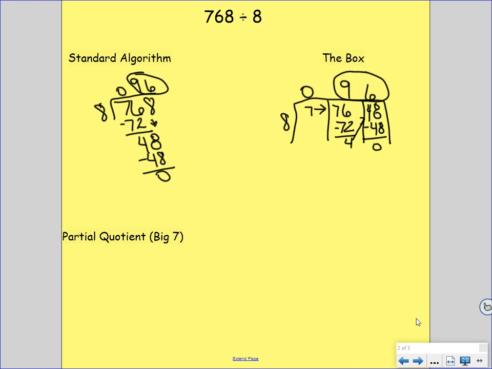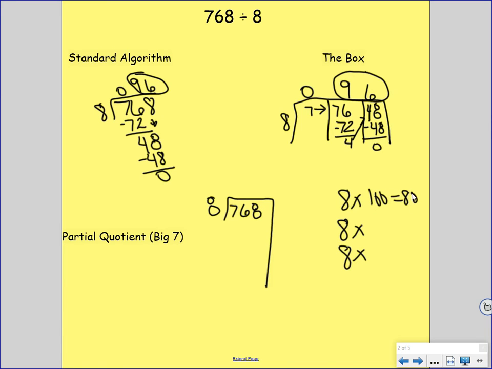All right, big 7. So you start with your big 7, and we have 768 divided by 8. So now I'm thinking about 8 times stuff, different numbers. And I'm using my knowledge of the powers of 10. I want to get close to 768. And something I know is that 8 times 100 is 800.